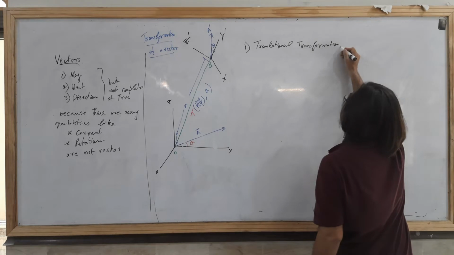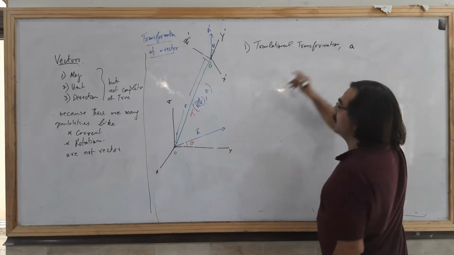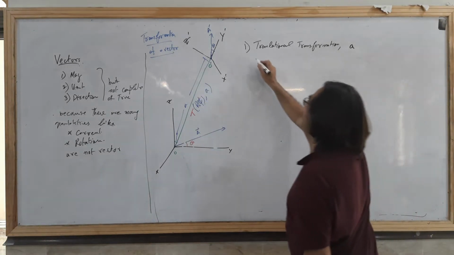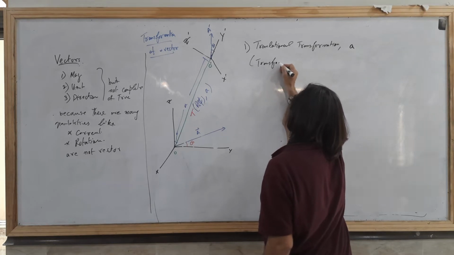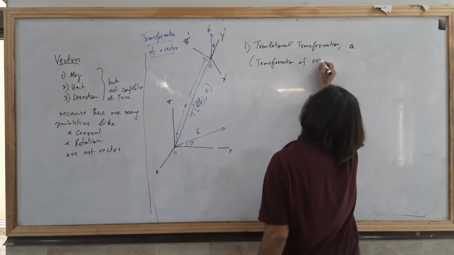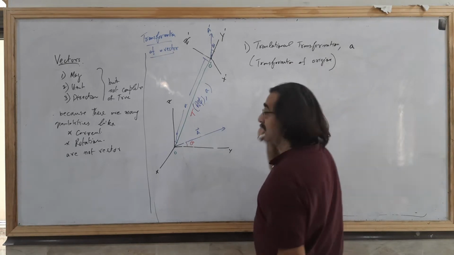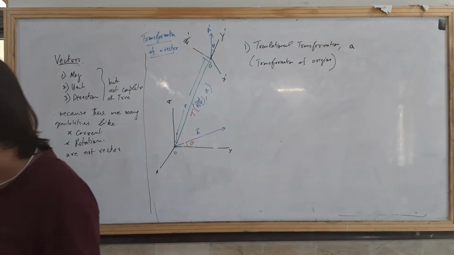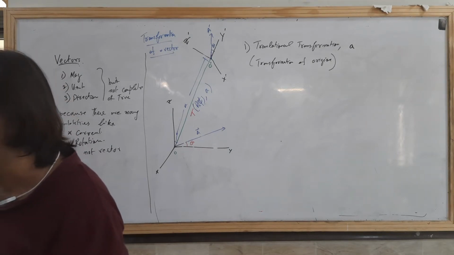That will be represented by A. I may say that it is the transformation of the origin. So this type of transformation is defined as a translational transformation. Have you got it? What is the translational transformation? The transformation of the origin is defined as a translational transformation.